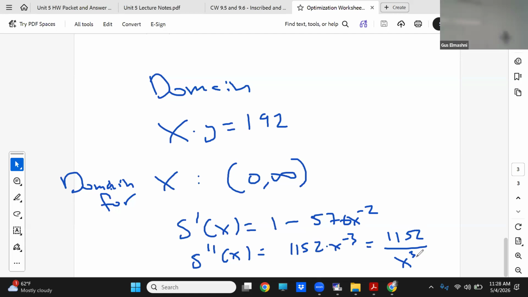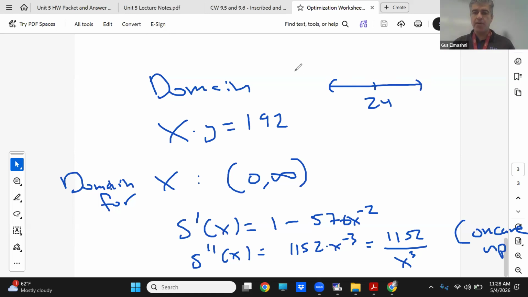X is always positive, right? You put in a positive value here. Is the second derivative always positive, always negative, or does it change? Concave up, yep. It's always concave up. Just plug in a positive number. It stays positive.